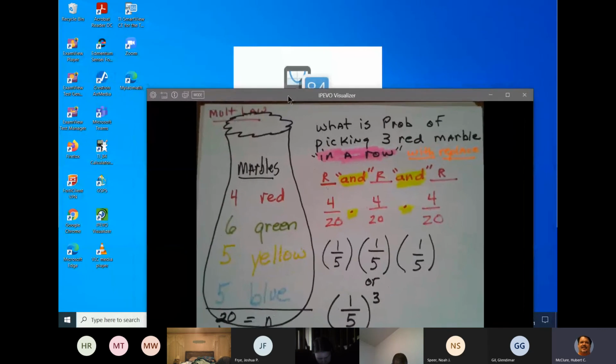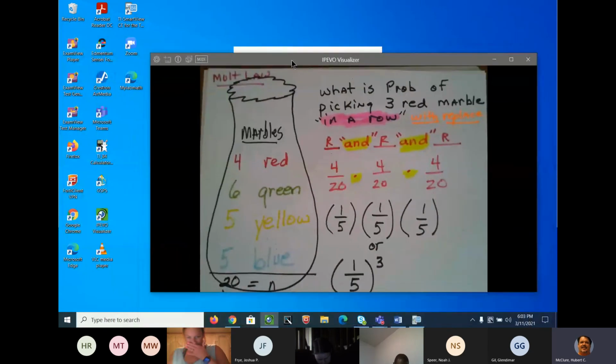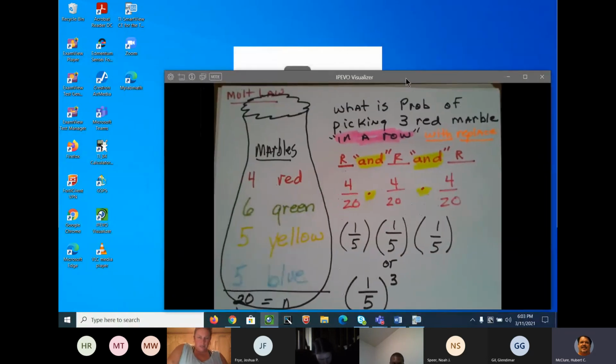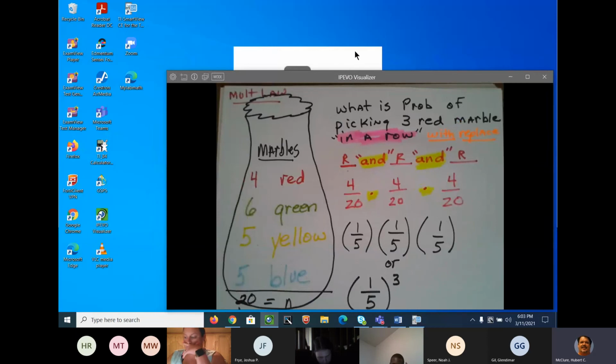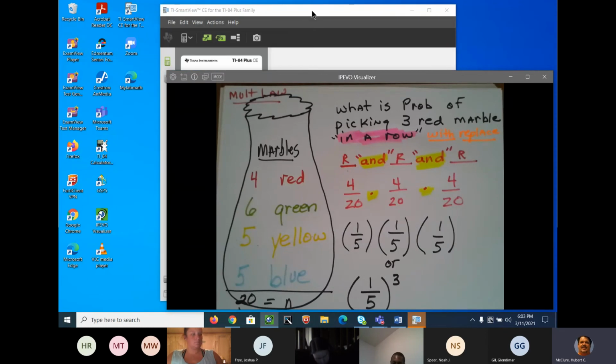There's two ways that the test and the homework will want the answer. Sometimes the test and the homework wants the answer in the form of a fraction. Sometimes they want it in the form of a decimal. And if this calculator will ever come up, I will do it for you. Here we go.